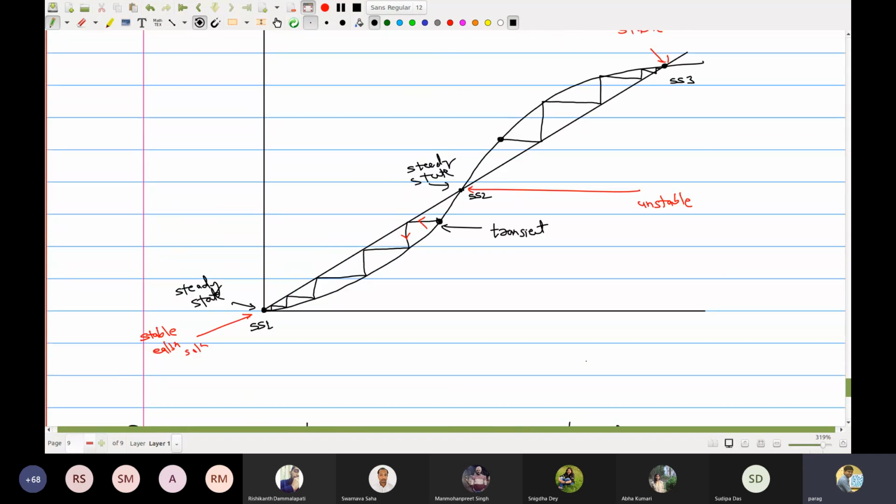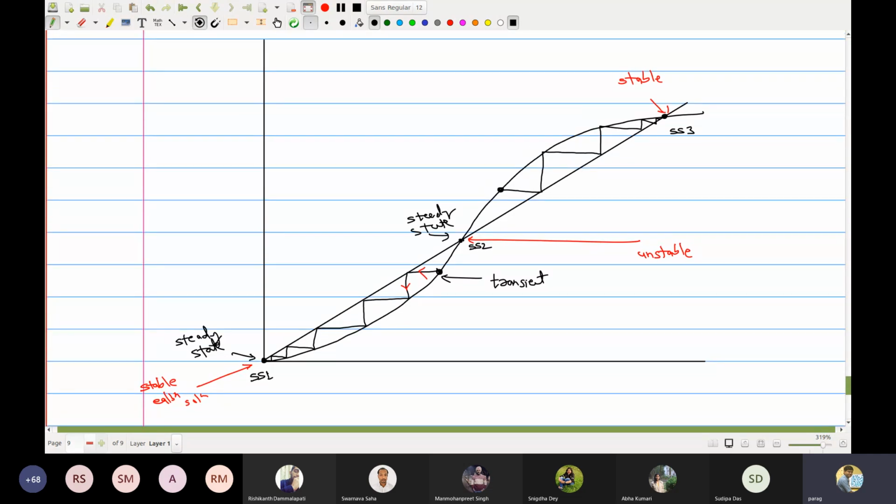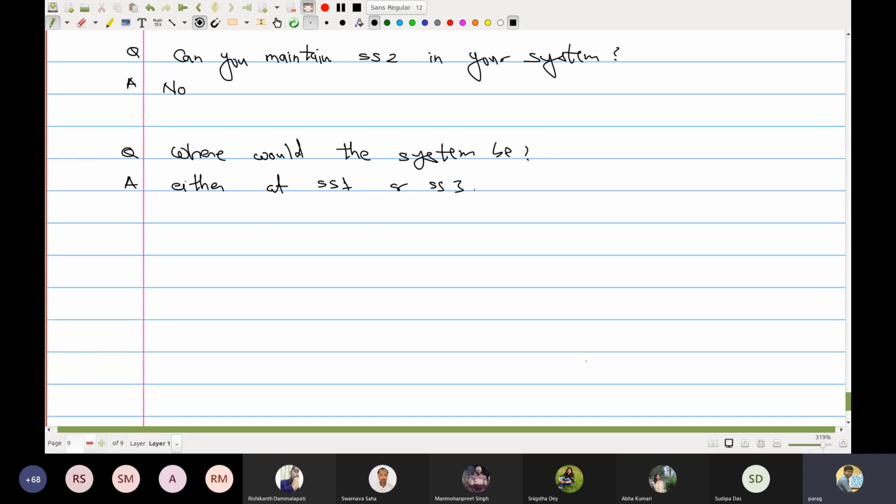Fine. Well, this is very simple to answer. Now the question is, what is the underlying physics which is going on? Now the problem is that steady state 1 or steady state 3 will correspond to either lower temperature or higher temperature. So you will have three solutions for temperature, right? T lower, T intermediate, and T higher.